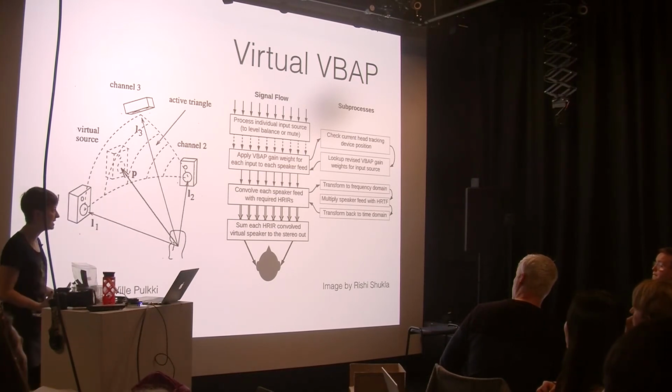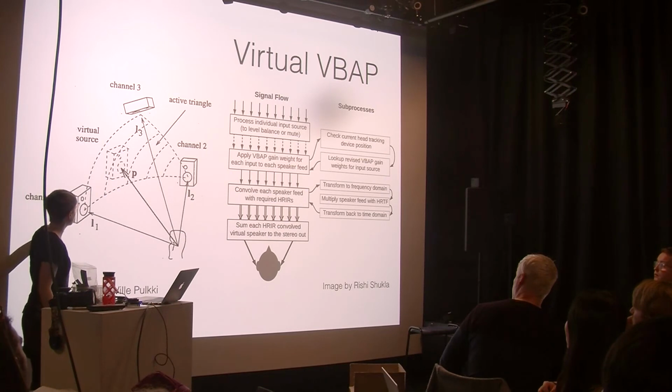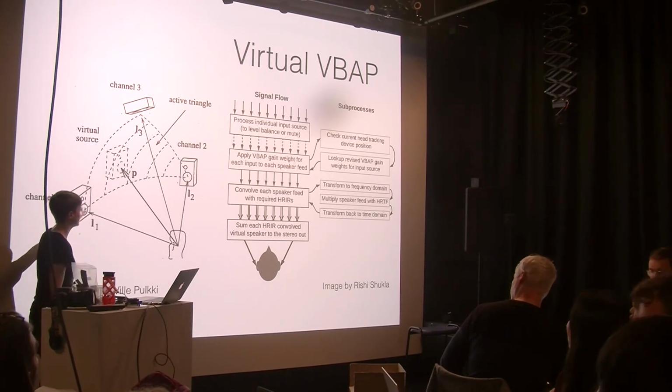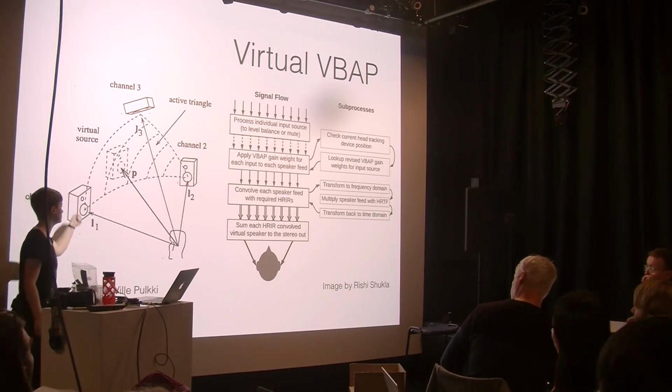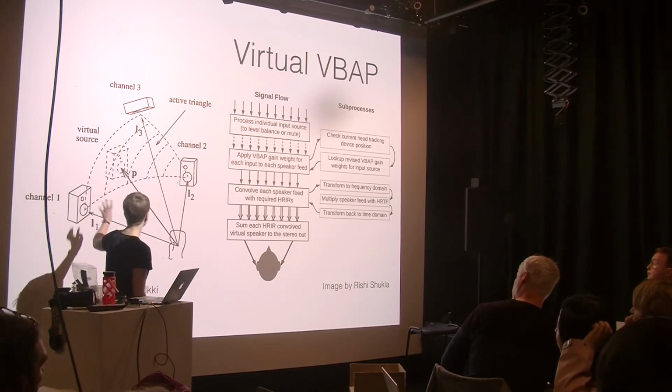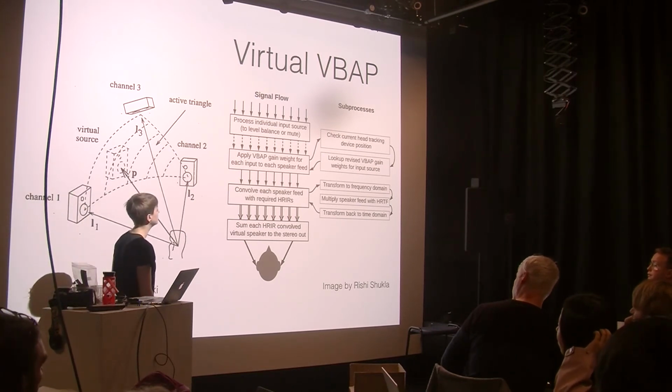So we're doing a virtual loudspeaker approach. We're never actually feeding the sound source signals to a loudspeaker. Instead, we're taking that loudspeaker feed that we would plug into a loudspeaker and convolving it with an HRTF according to where that loudspeaker would be located relative to the listener.